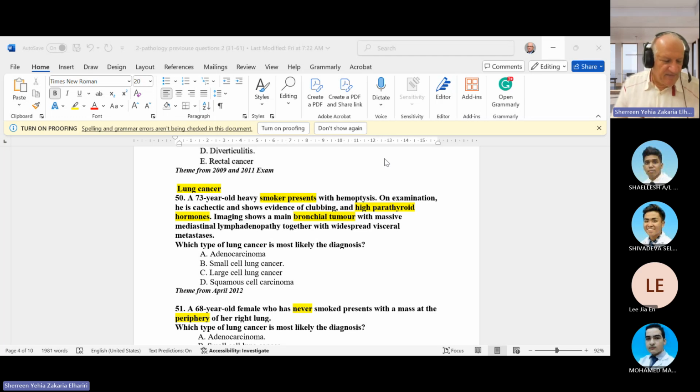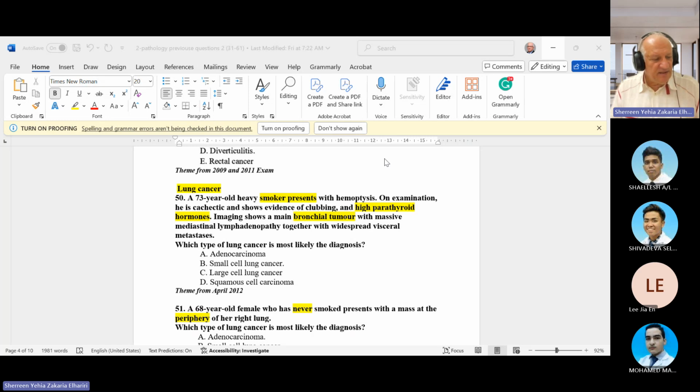Second, if the tumor is central, it is a squamous cell carcinoma. Central means inside the lung, in the hilum of the lung. If the tumor is outside, not central, it can be adenocarcinoma.